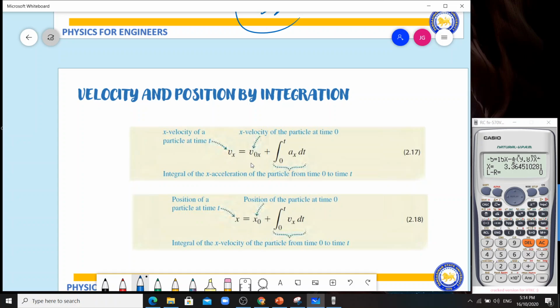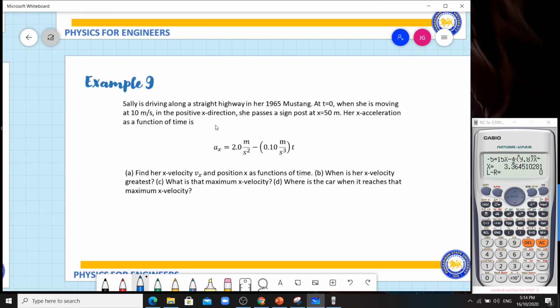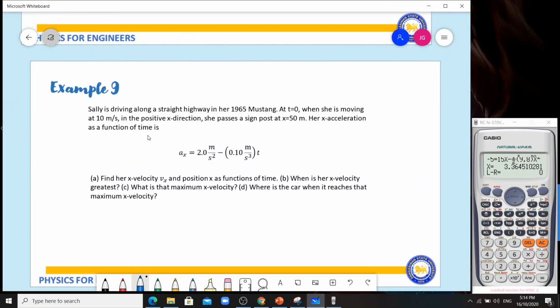Ayan. So, gaya nga nung katulad lang to nung diniscuss natin nung last video, which is the derivation of the formulas. Okay. So, ayan. Example number 9. Sally is driving along a straight highway in her 1965 Mustang at t is equals 0 when she is moving at 10 meters per second in the positive x direction, she passes a signpost at x equals to 50 meters.